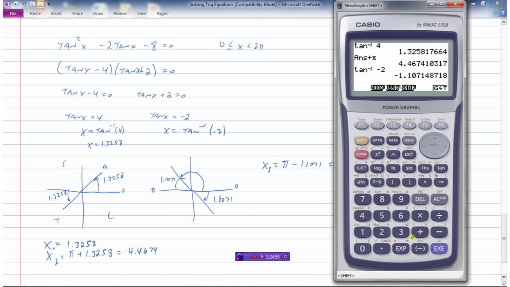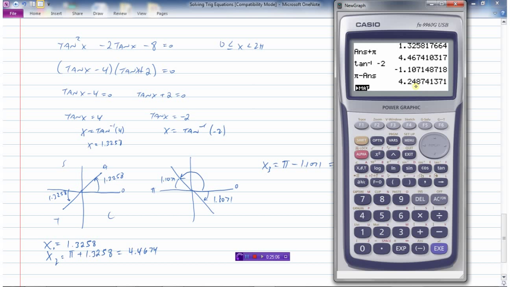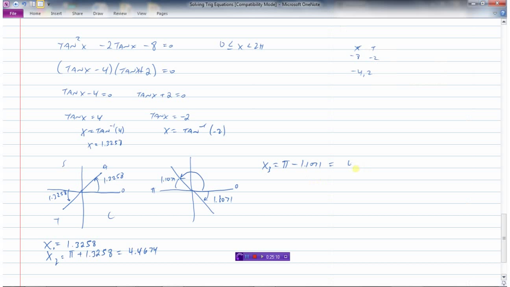So pi minus the answer, 4.2487. So there would be one answer accurate to 4 decimal places.